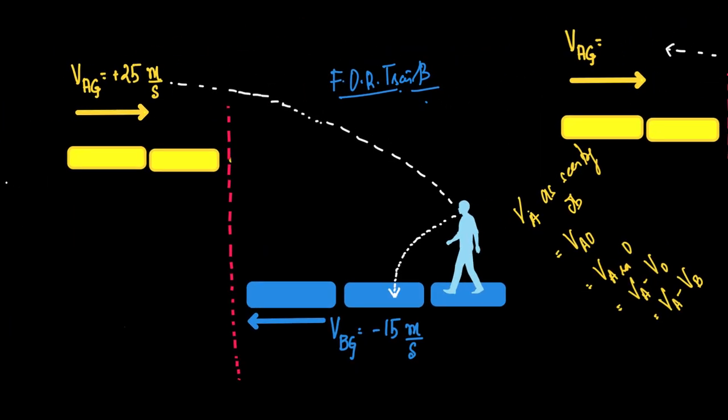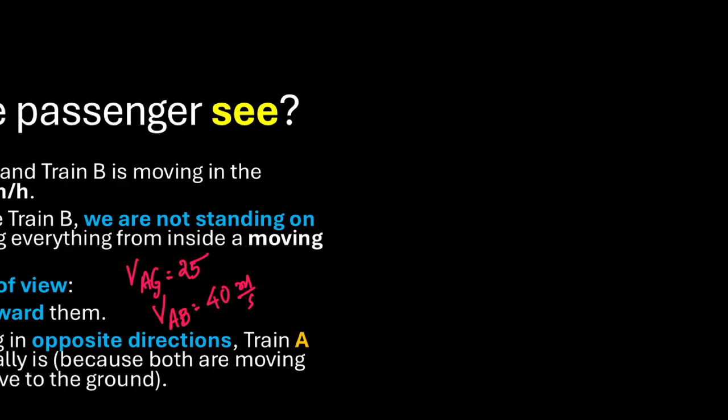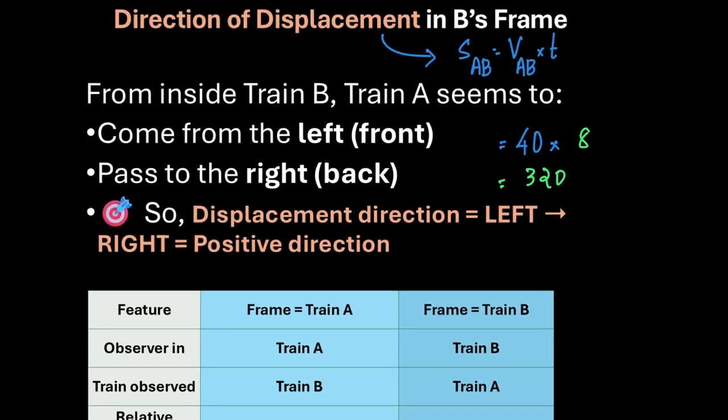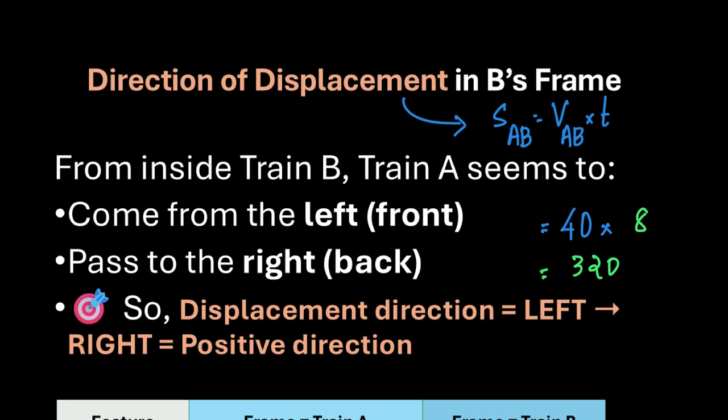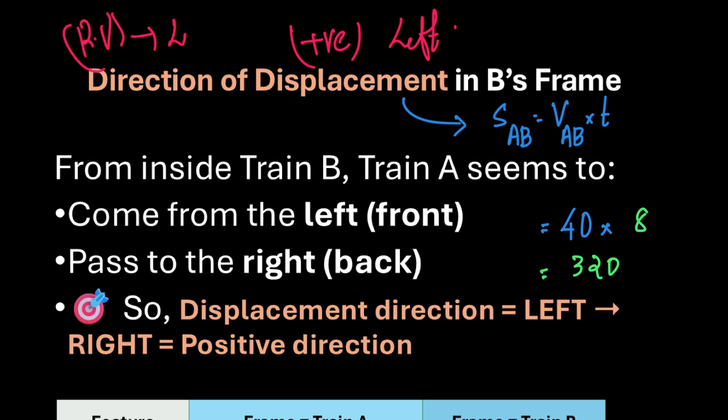So train A is coming from the left and it is moving towards the right of this train, train B. Now, since it is coming from the left and is moving towards the right, the direction of displacement will be towards the right, which is assumed to be positive. Okay, so direction of displacement would be in the positive direction. Or in other words, we can say that the relative motion is basically happening towards the right.